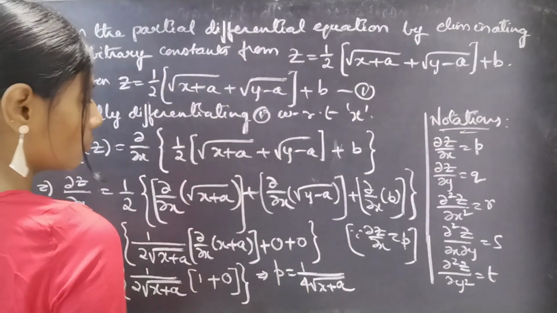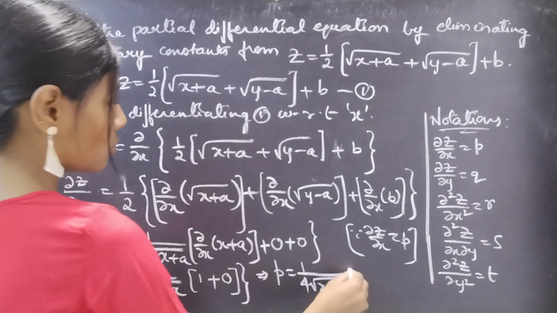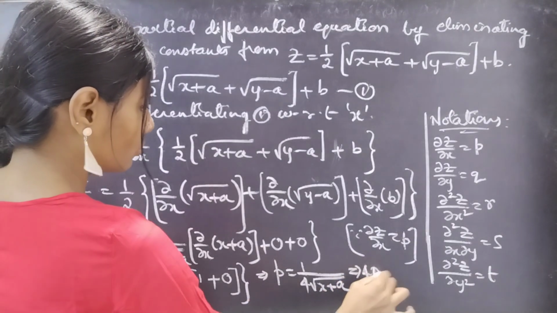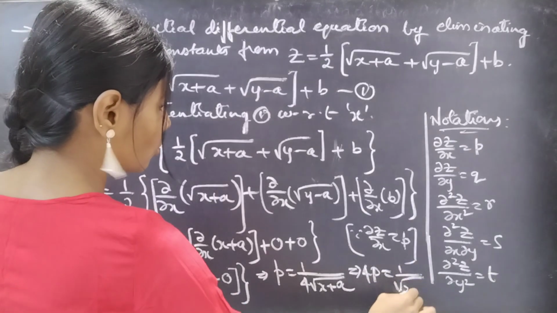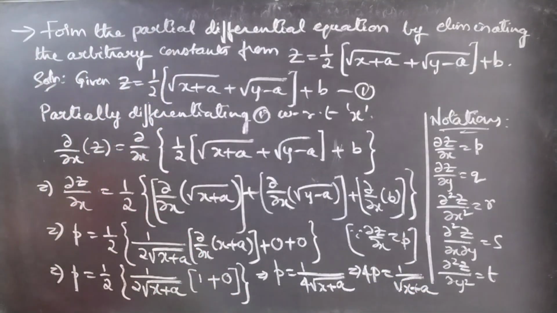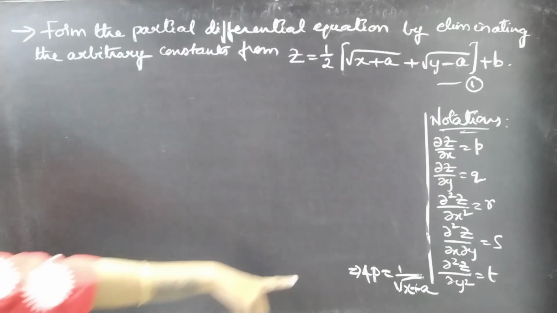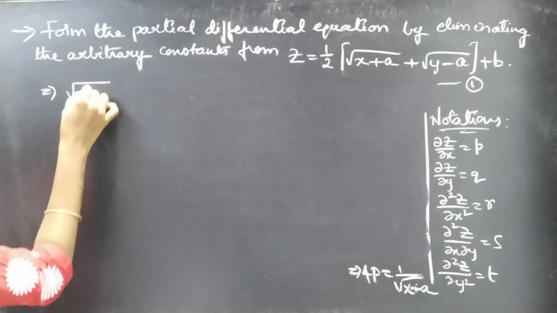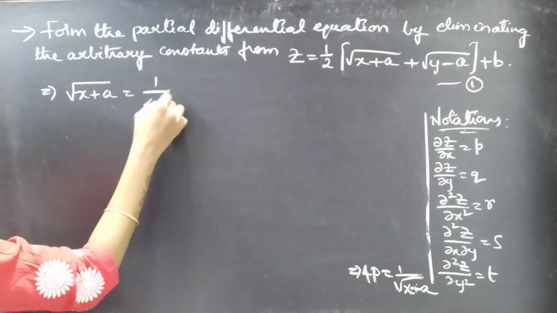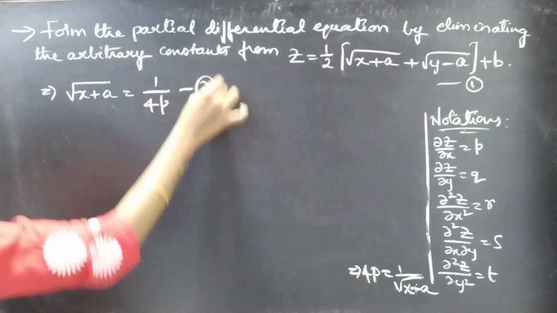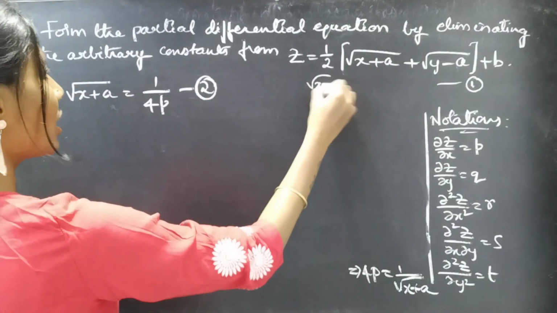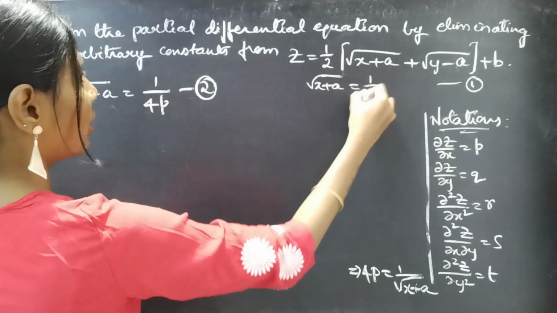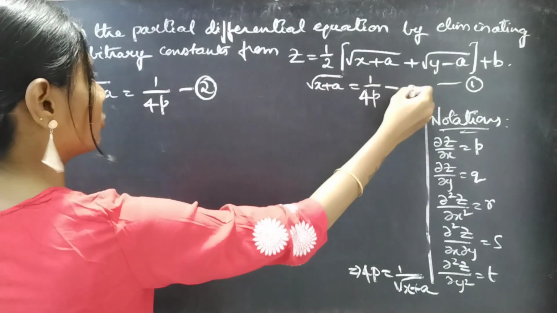Now bring this 4 to the LHS, you'll get 4p equal to 1 by square root of x plus a, or we can write it as square root of x plus a equal to 1 by 4p. Consider as equation number 2. We got square root of x plus a equal to 1 by 4p, right?